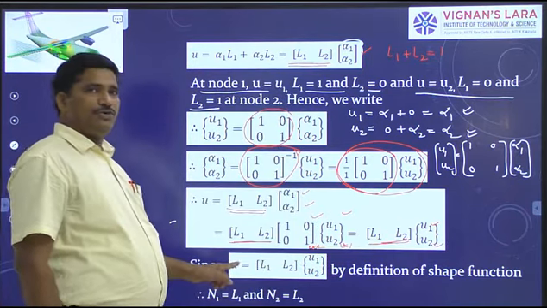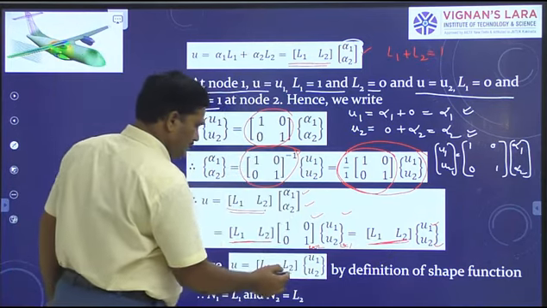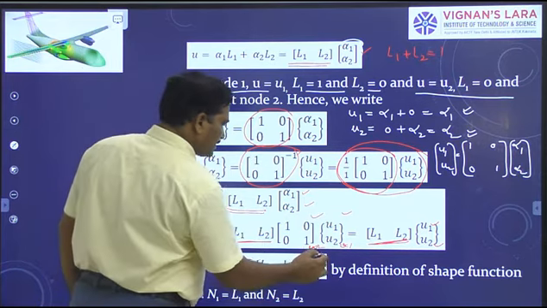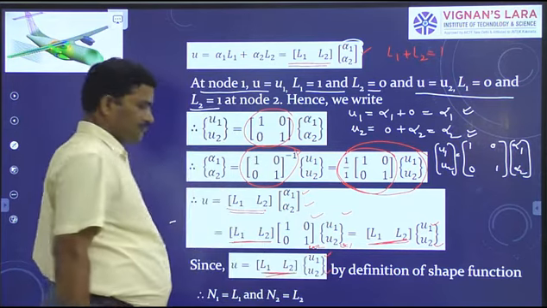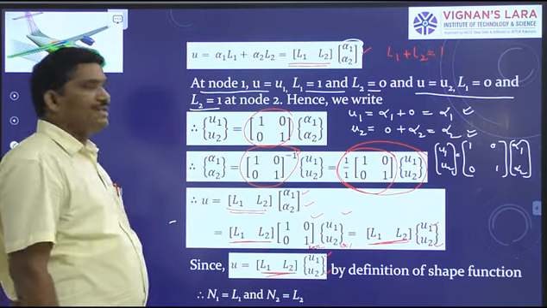Now, the displacement U equals a row matrix having the elements L1 and L2 into a column matrix having the elements U1 and U2. So what is the general form for the displacement?